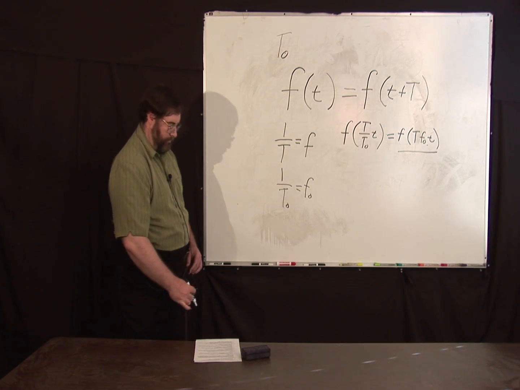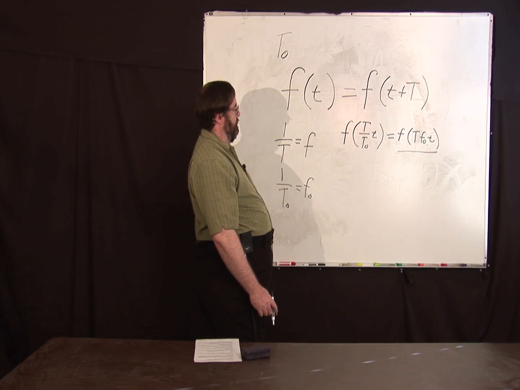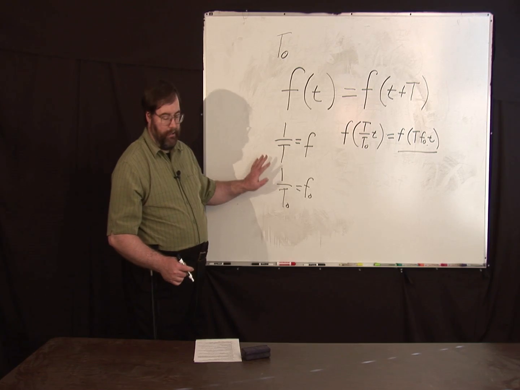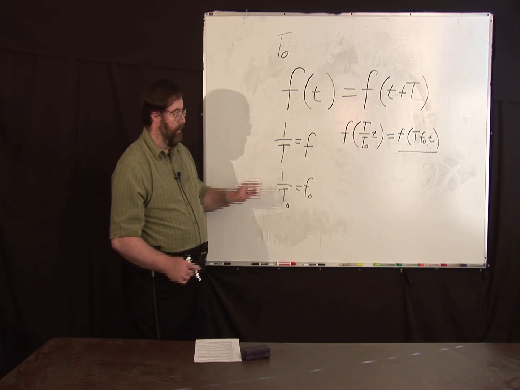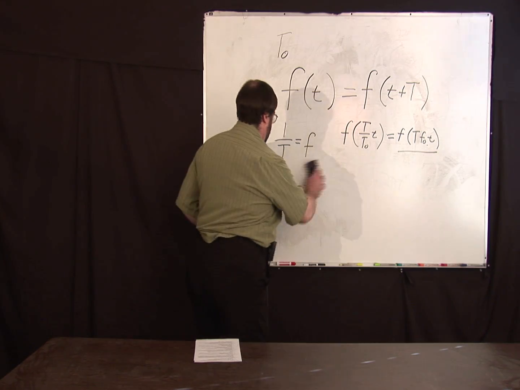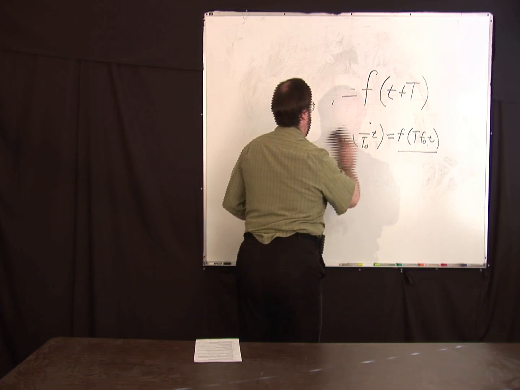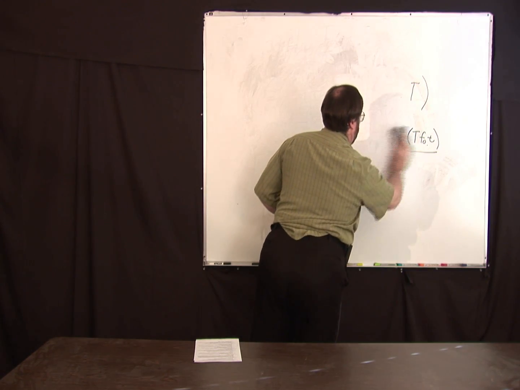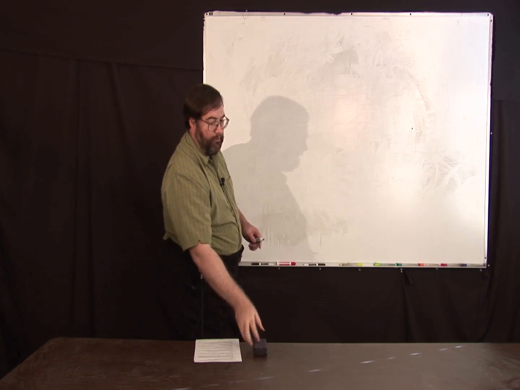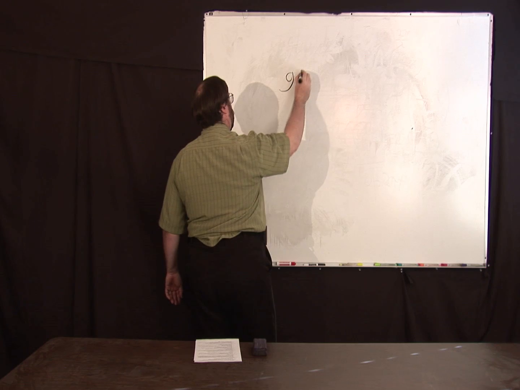Okay, so this is a general case for a general function. Now I'm going to change variables. Do nothing new. Let's say we have another function. This time it's a function of space. We're going to say all the same things over again. Okay, we have a function, g of x.